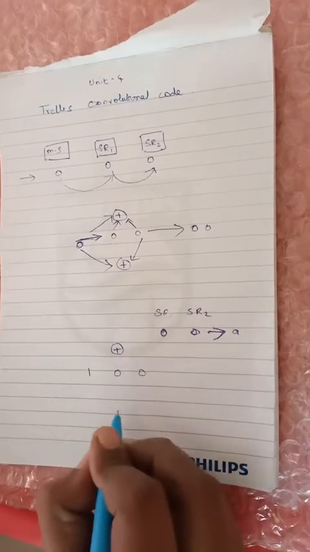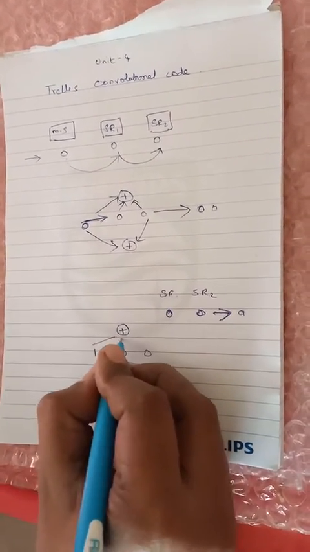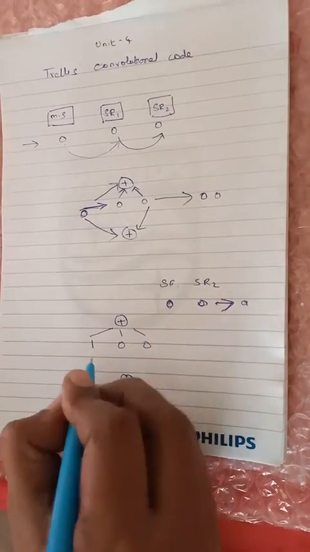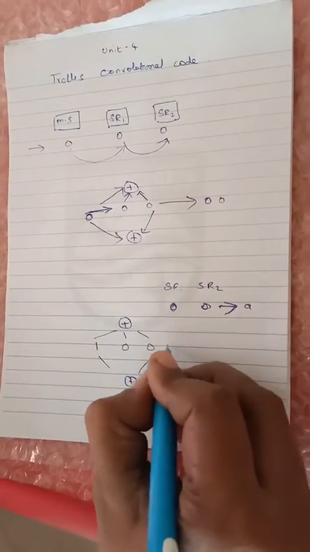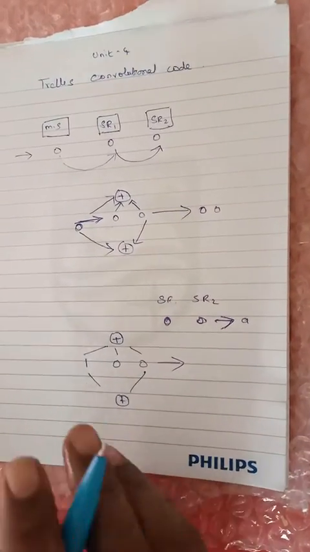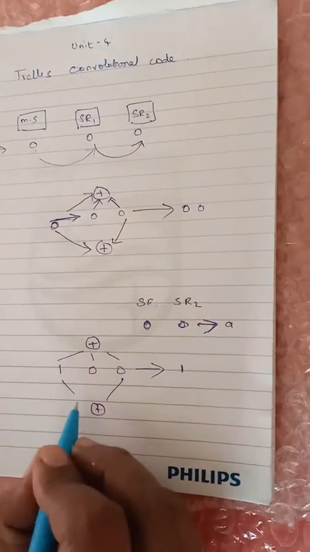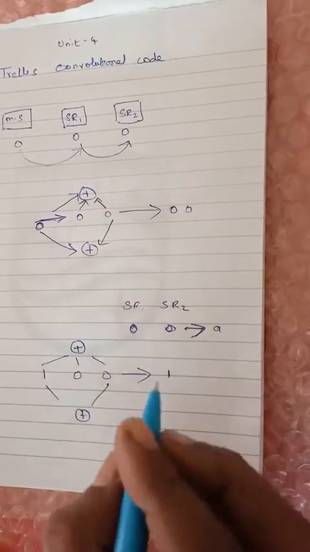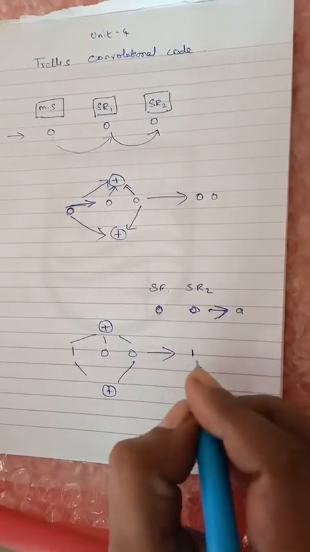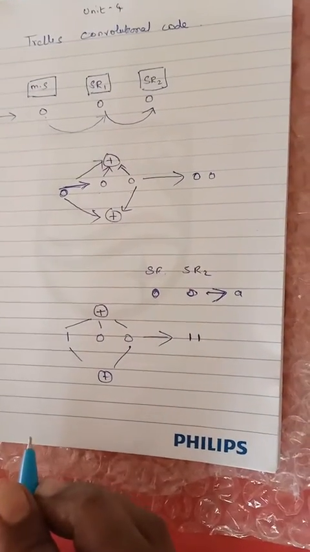You will have two modulo-2 adders. For the first one you will be taking all the 3 values. For the second one you will be taking only the last 2 values. So now 1 plus 0 plus 0. The odd number of 1s will give you the value 1. Similarly here, 1 plus 0, the odd number of 1s will give you the value 1. So your output is 1 1.